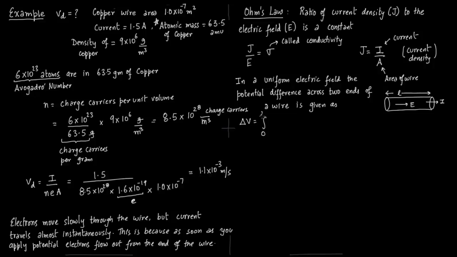So the potential difference is given as, you integrate across the length of the wire, E vector dot product with dl vector. You write that as E dl cos theta. Now cos theta will be 1 because theta is 0, so electric field is in the same direction as the length of the wire. You take E out, so this becomes E times L. So you can rewrite this, delta V is equal to EL, or E is equal to delta V over L.